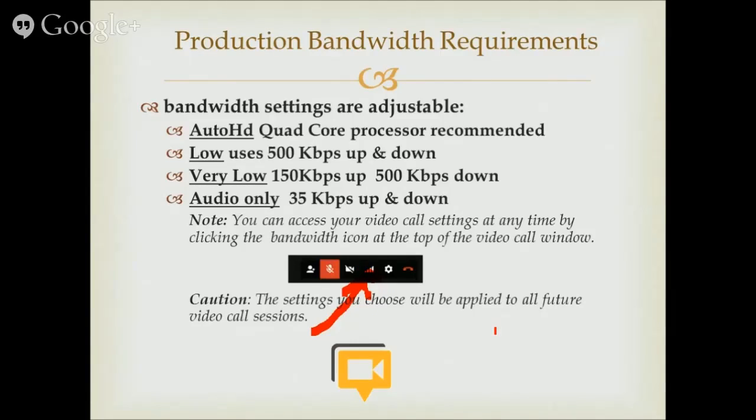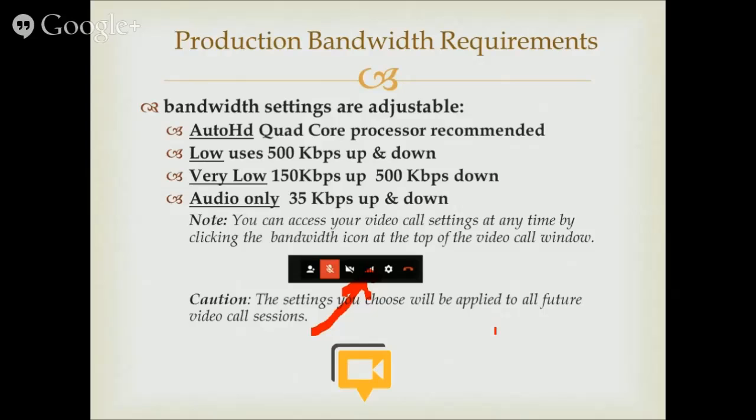The audio only is 35 kilobits up and down. So if you're attending as a participant and you know that there's something that you have to say, but you don't have to present any particular documents, you can come in at 35 kilobits and still participate.